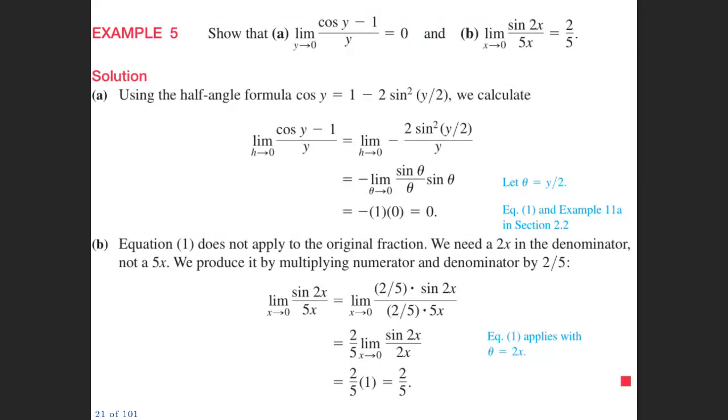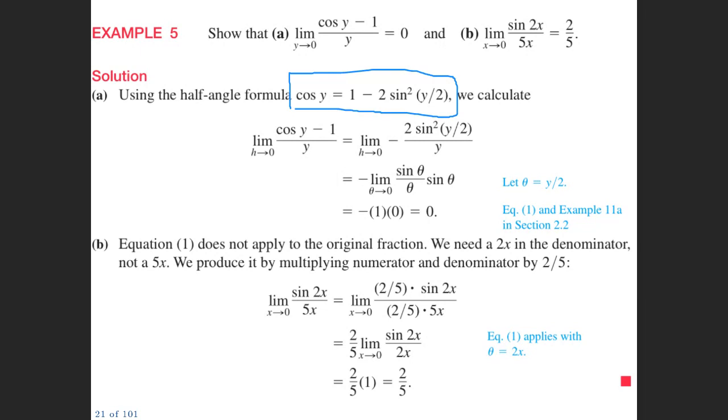An example from your textbook: show that the limit as y tends to 0 of cos y minus 1 over y is equal to 0, and show that the limit as x tends to 0 of sine 2x over 5x is equal to 2 over 5. The first limit just relies on this identity. Cos y is the same as 1 minus 2 sine squared y over 2.